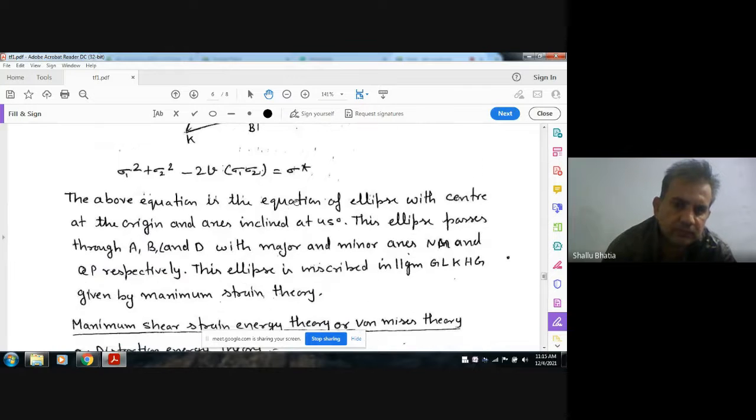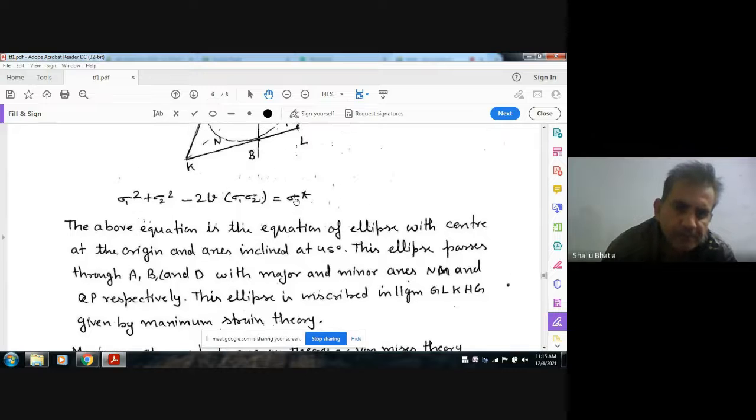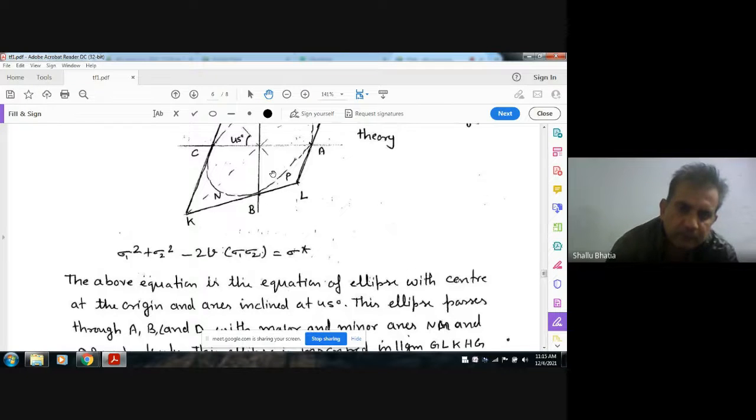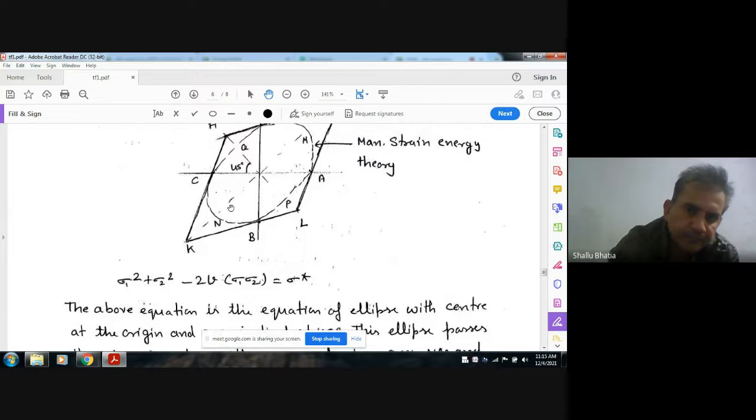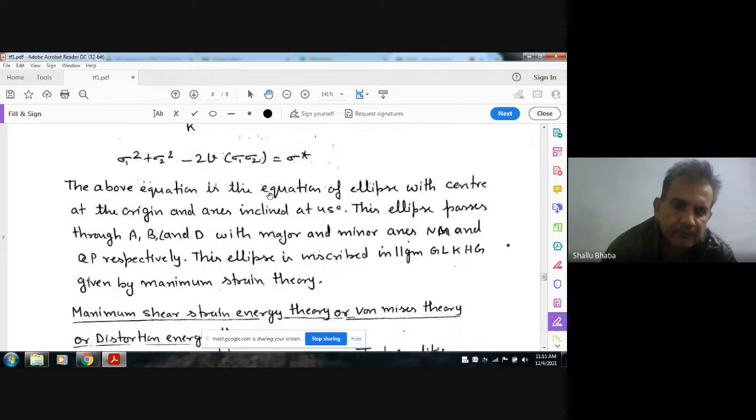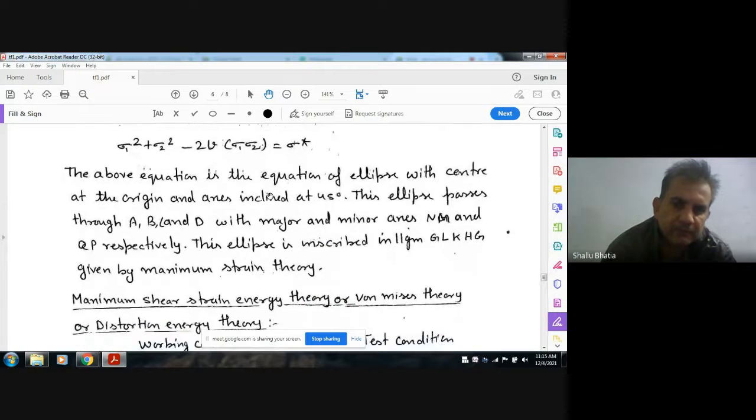Only the major and minor principal stresses are active here. This is the major axis of the ellipse, NM, and this is the minor axis of the ellipse, QPR.